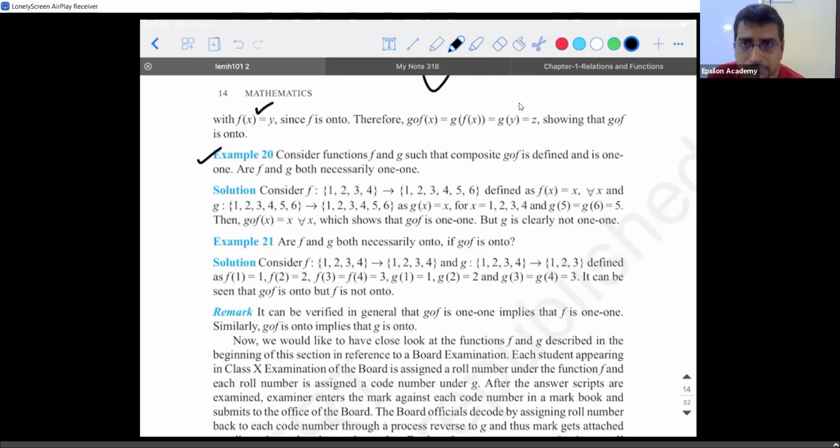Need not be. You can take an example and then prove. So what should be the concluding statement? Where did we read?